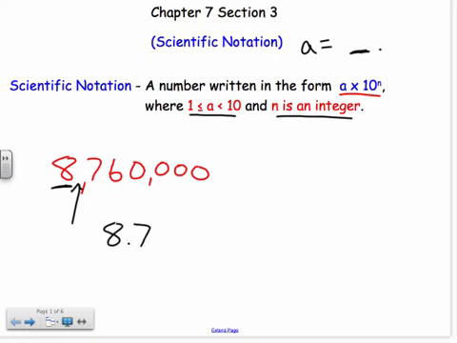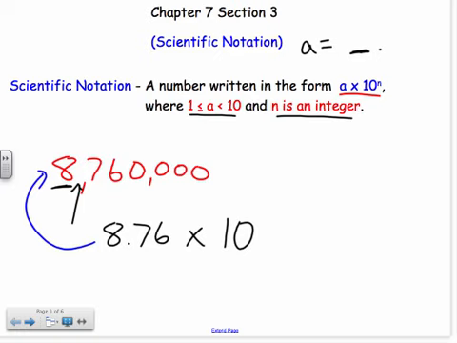So 8.76, and then we have a rule that if there's unneeded zeros, we just get rid of them. So I don't write any of these unneeded zeros anymore. And then I'm going to write it times 10 to some power. To think about what power we write, we have to look at our number. Well, this 8.76 times 10 to some power is going to represent our big number here, 8,760,000.